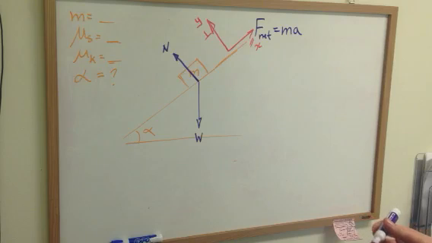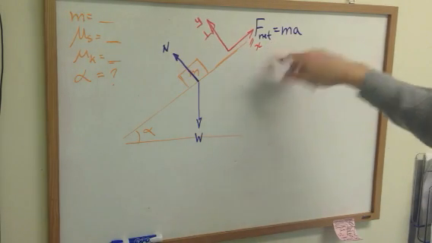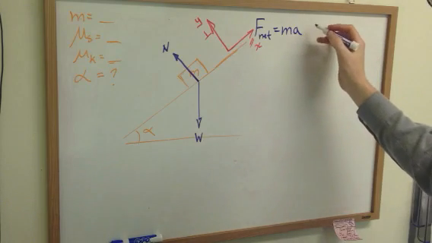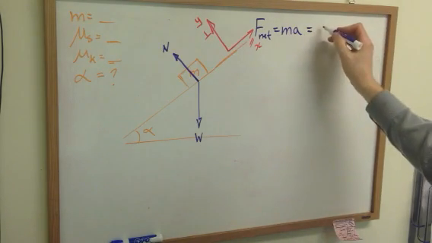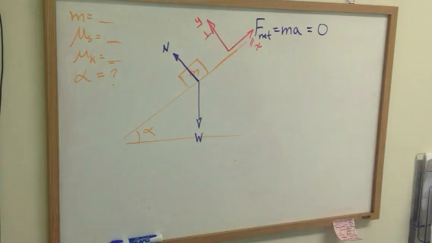All right. So what if it is just on the edge of moving, but yet hasn't quite moved, the net force is 0. All the forces are in balance.